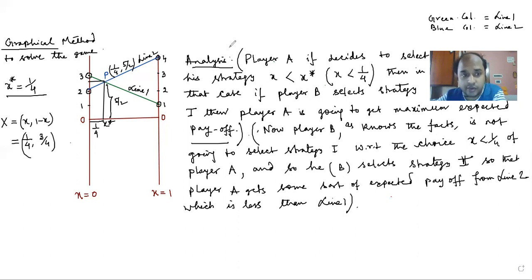So he decides to stick to line 2, and therefore the maximum that player A can expect from this particular game and from this particular choice is this part of the line, because this is the lower expected payoff, and it is a part of line 2. Okay, this is your step number 1, this is your analysis number 1. What is your analysis number 2?